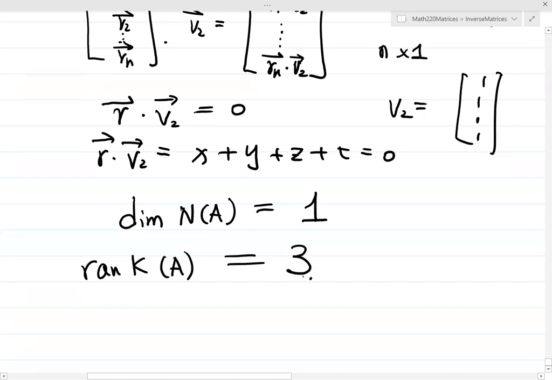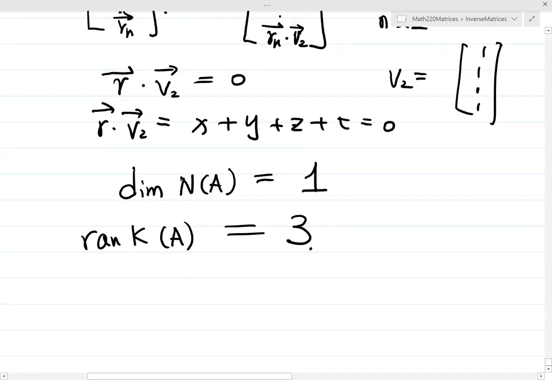Okay, rank A should be 3. So the only condition is this: x plus y plus z plus t is 0.